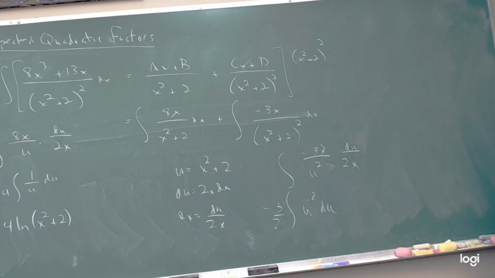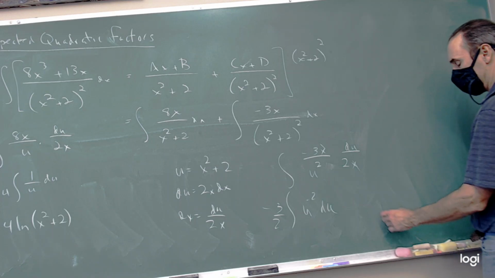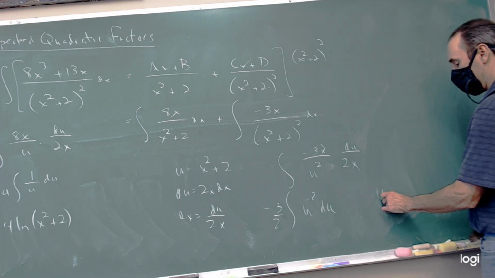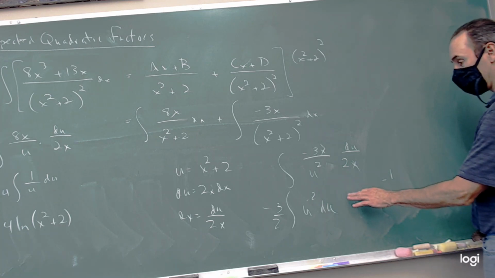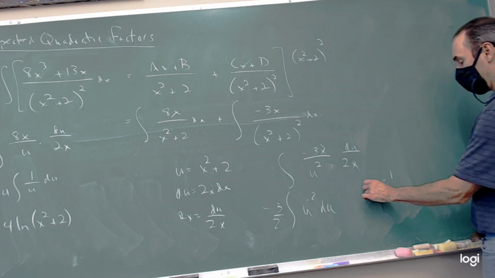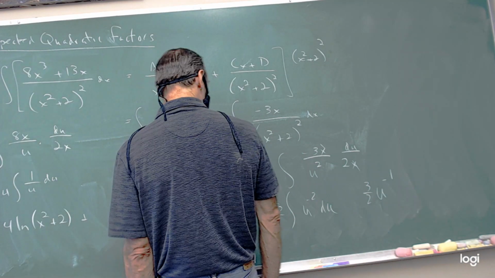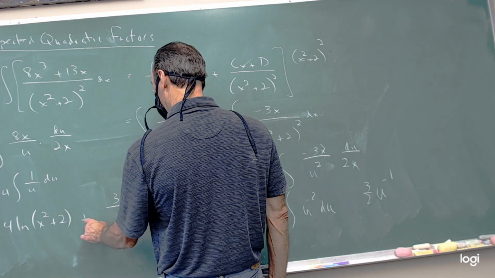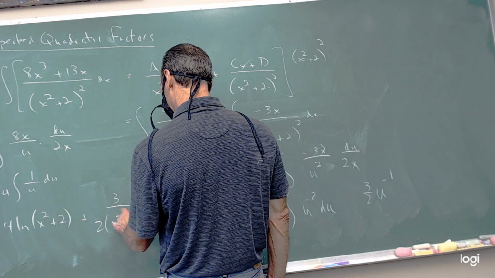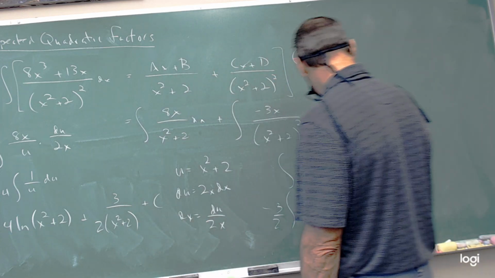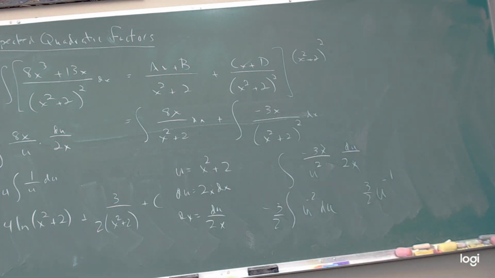Call that u to the negative 2 du, which will give us u to the negative 1, and then we'll get 3/2, so we have a positive 3/2. So I'm going to come back over here with it, and maybe go plus 3 over 2 times x squared plus 2. Also a constant, does that look good? Very nice. Excellent. Okay.